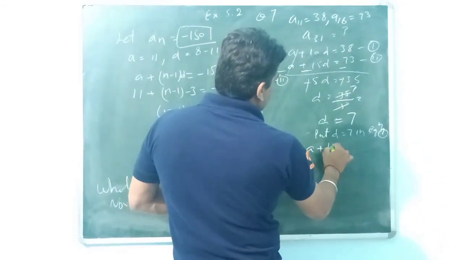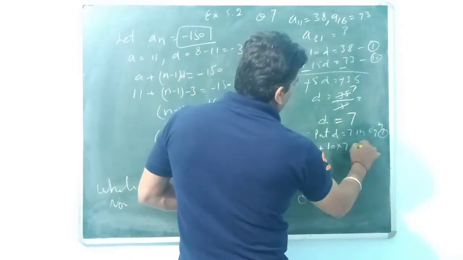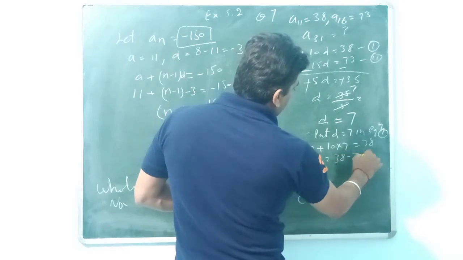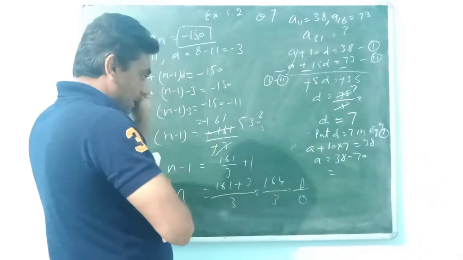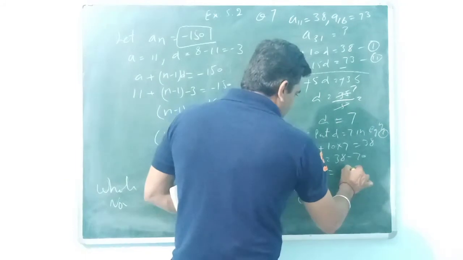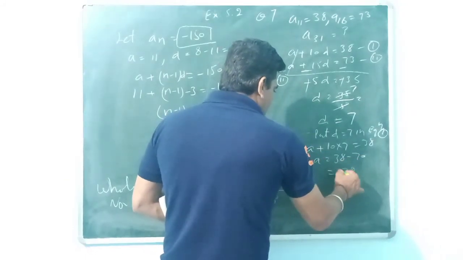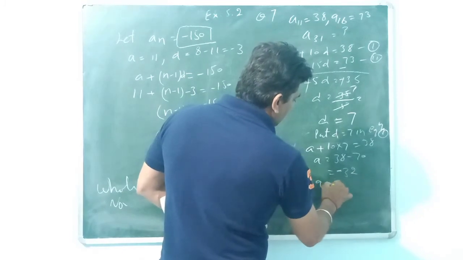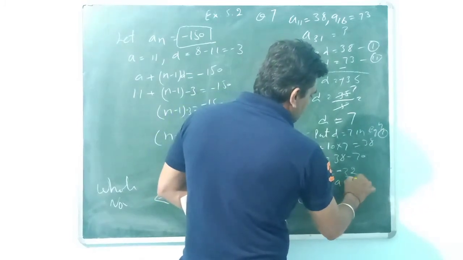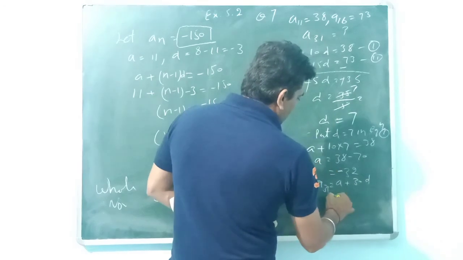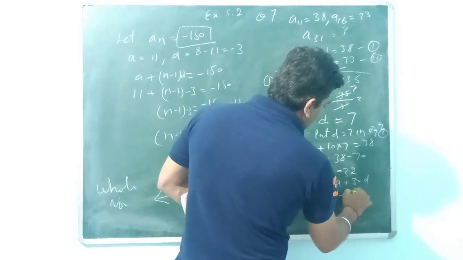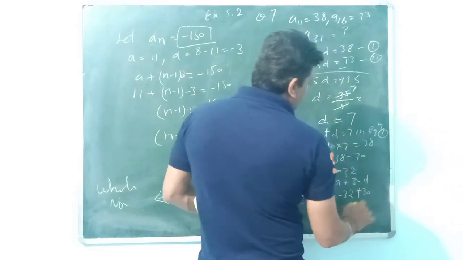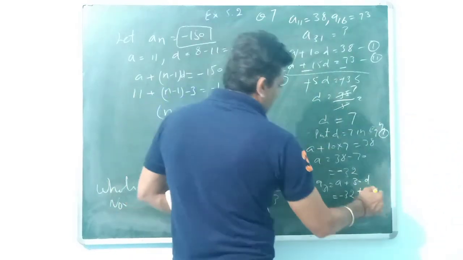a plus 10 into 7 equals 38, or a equals 38 minus 70, and this becomes minus 32. So a31 is equal to a plus 30d. What is a? Minus 32 plus 30 into 7, which is 210.